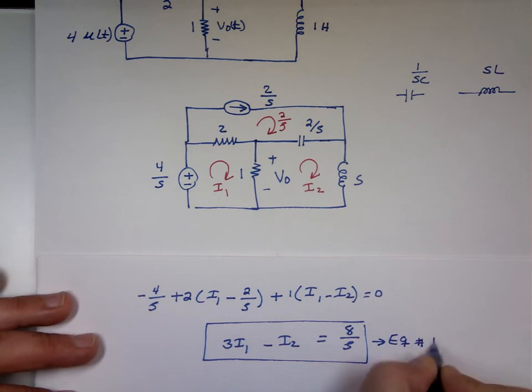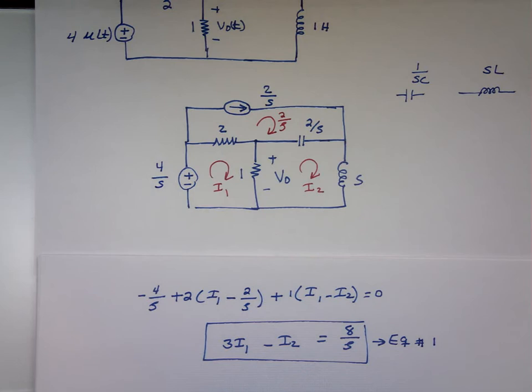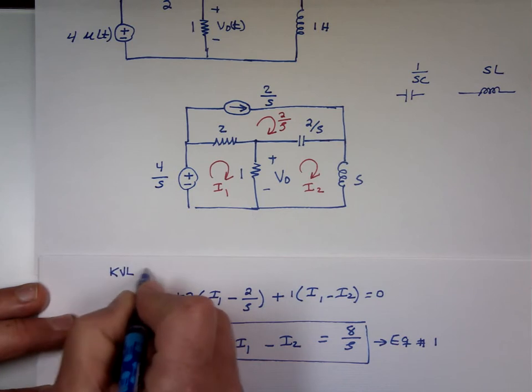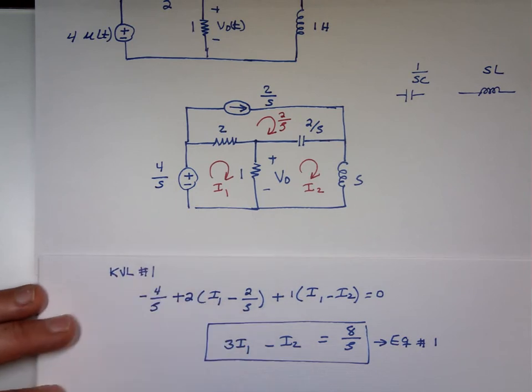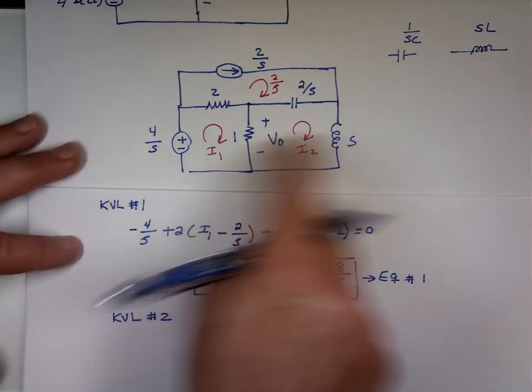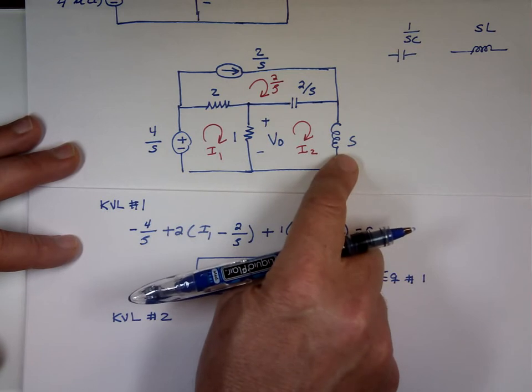That's the KVL, loop 1. KVL number 1. That's this one. Now let's do KVL for number 2. That's this one. Let's begin with the inductor here. Easier to start with this one. That'll be what?